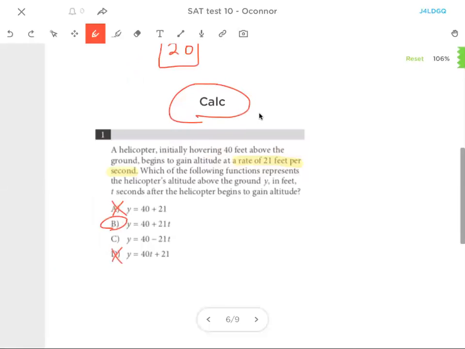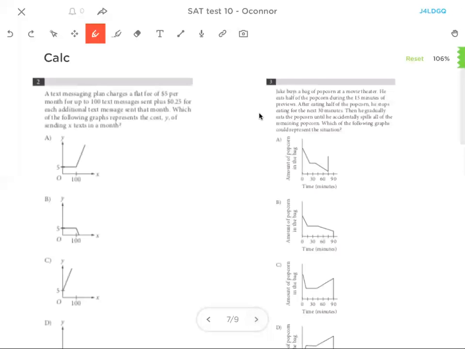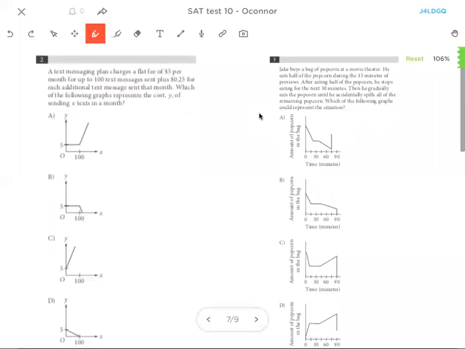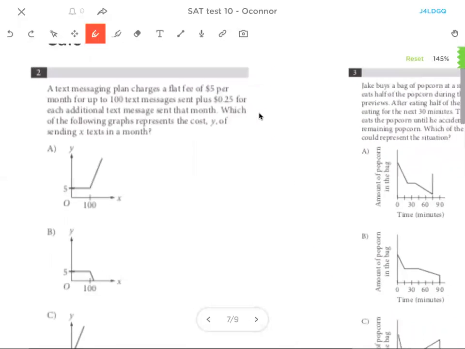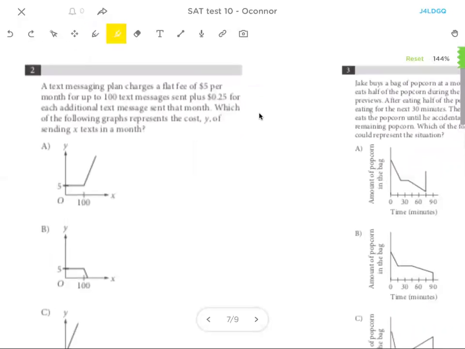Okay, this is part of the calculator part. Obviously, I'm not using a calculator. Okay, next one. Flat fee of $5. That screams y-intercept. Okay, and let's see. Flat fee of $5 per month for up to 100 text messages plus 0.25 for each additional message. So that means that it's going up at 0.25.